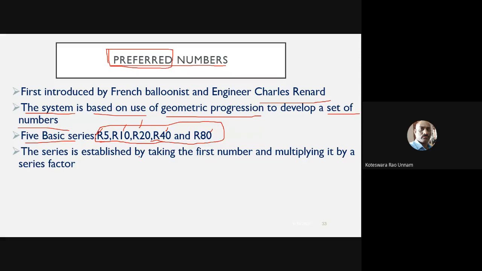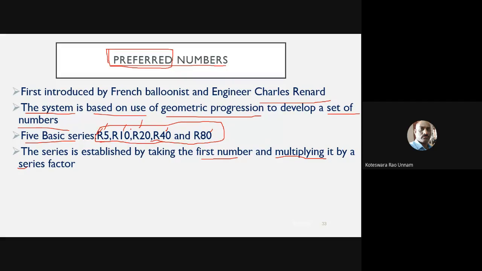The series is established by taking the first number and multiplying it by a series factor. That means each basic series will have some series factor. R5 will have one series factor, R10 will have one, R20 will have one, R40 will have another, R80 will have another.